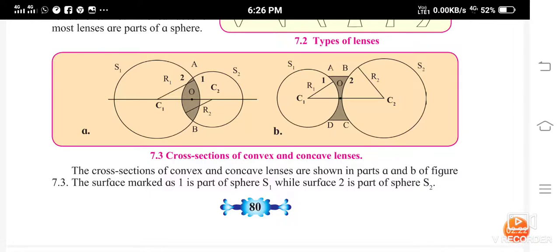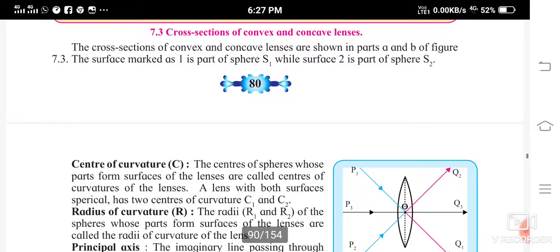Okay. Now see, the cross section of convex and concave lenses are shown in parts A and B of the figure 7.3. The surface marked as 1 is part of sphere S1, while surface 2 is part of the sphere S2.